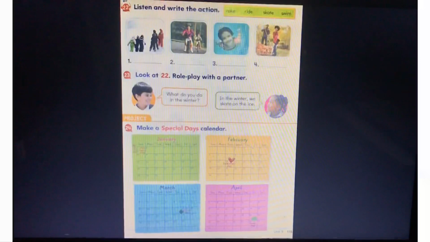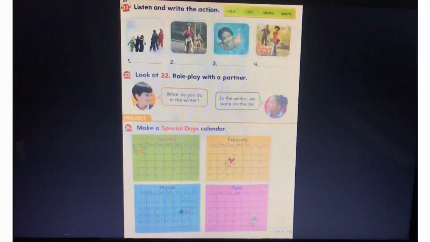On number 2, we have spring when the climate is very nice and we can be outside riding our bikes. In picture number 3, it's summer. In the summer, it gets very hot and we like to cool down swimming in the pool.